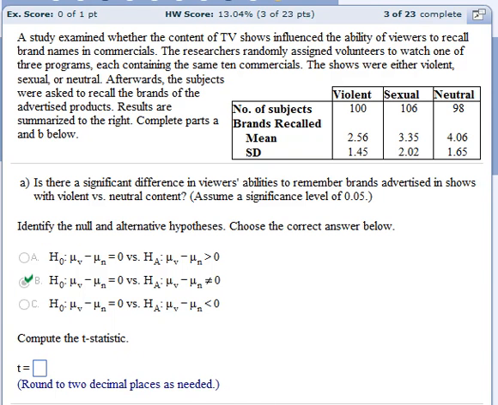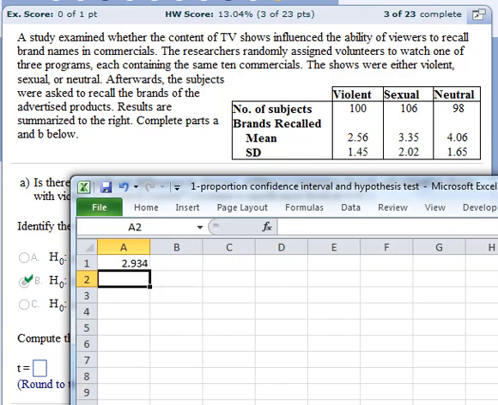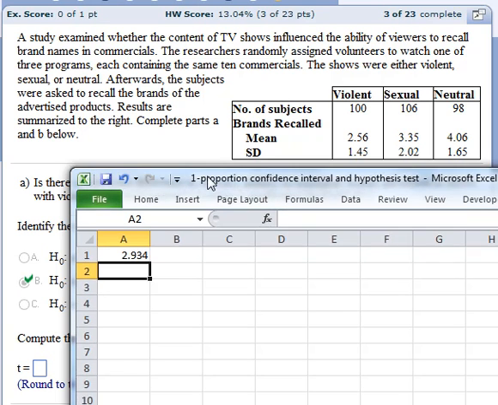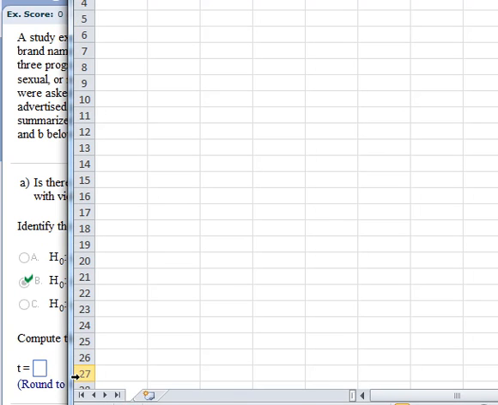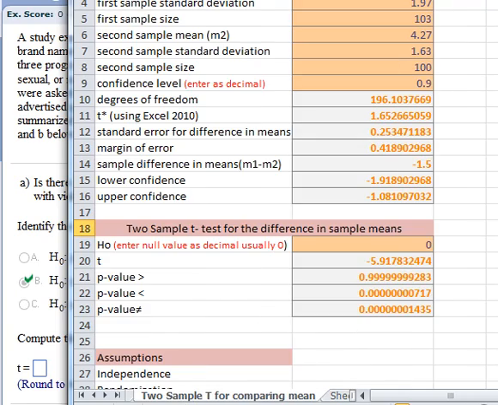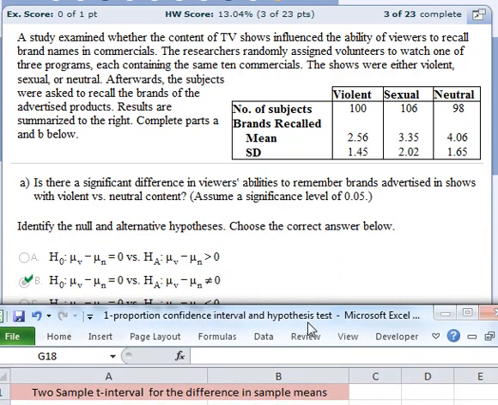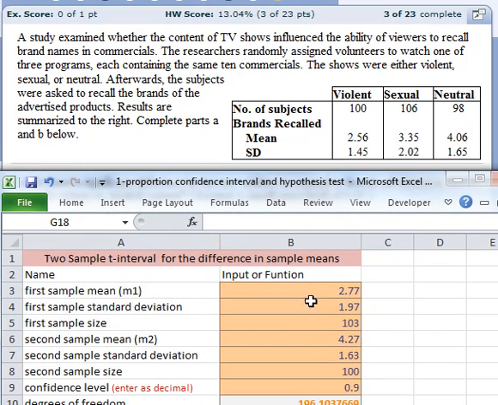So you're going to have to use your Excel spreadsheet that I created for you that only works in Excel 2010. So we're going to want to grab the 2 samples T for comparing means, and we'll input the data that they gave us. We're doing violent versus non-violent.